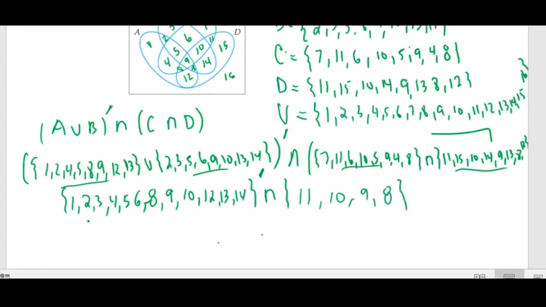So now the complement of this is everything that's not in there that is in the universal set. So here we have 1, 2, 3, 4, 5, 6. So 7 is missing. 8, 9, 10, 11 is missing. 12, 13, 14, 15, and 16.